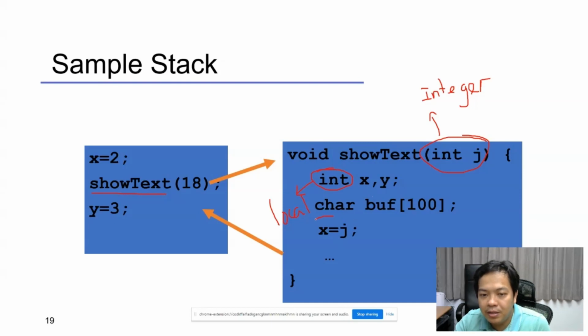So after this function, x needs to equal the input value, right? After this, the 10, that means x will become about 18, right?